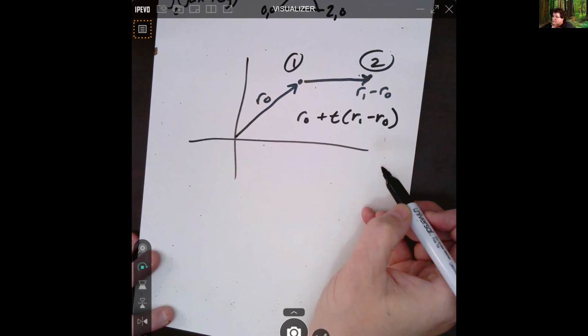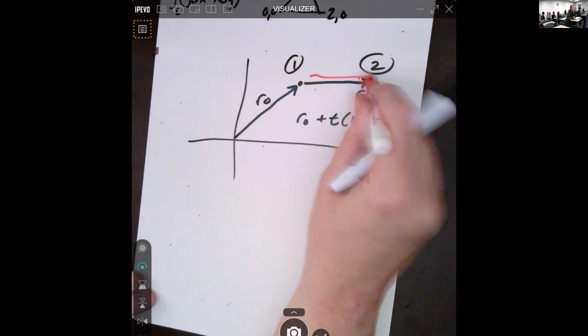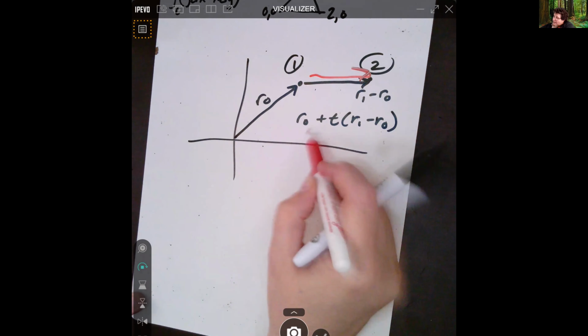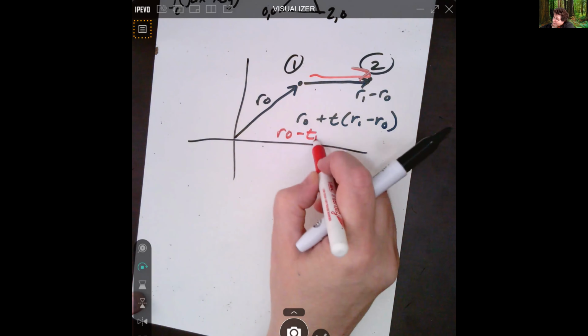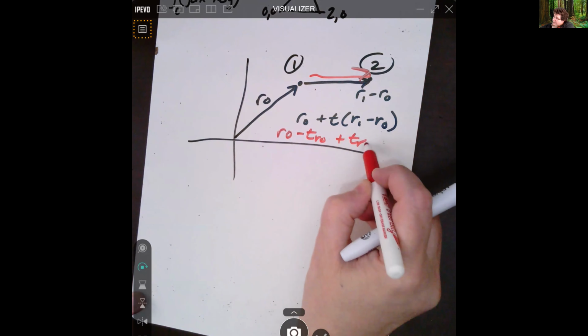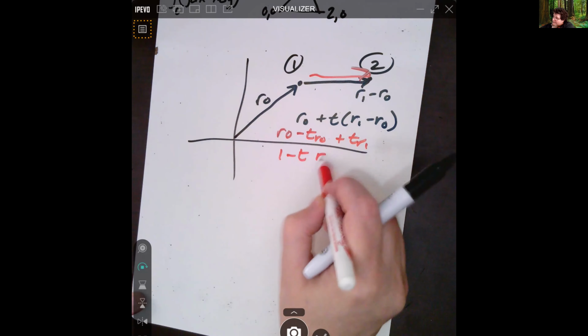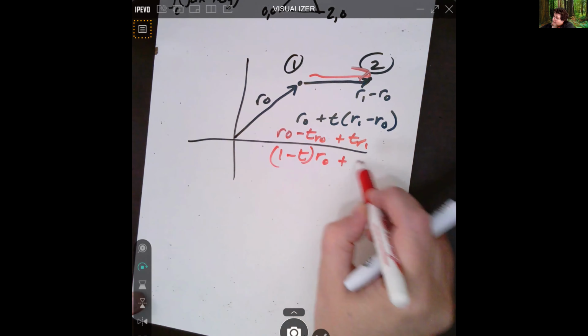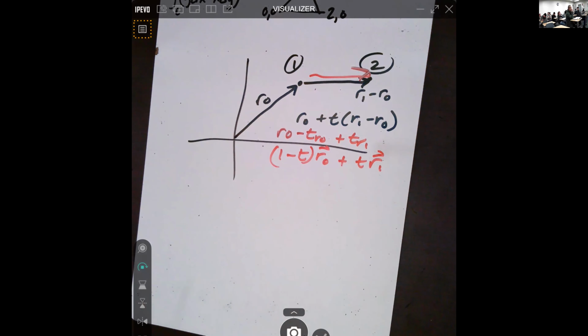Because we're just looking at this component. Oh, and I'm already seeing it. We've got R0 minus tR0 plus tR1, so 1 minus t times R0 plus t times R1. Okay, yeah, that makes more sense. It's been a while. That's your review.